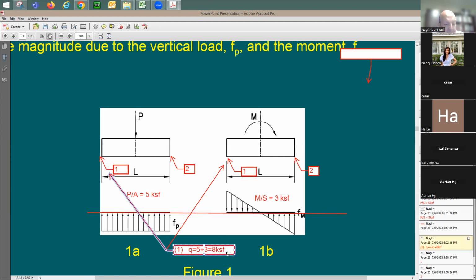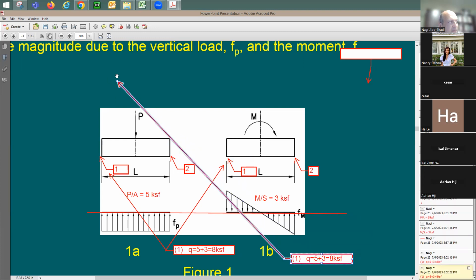How about the stress at point number 2? How much are we talking about? You say you're going to have 8 compression, right? Is it 8? No, it's 5 compression, negative 3. That's why it says plus or minus. It's going to be equal to 2. Is this 2 compression or tension?